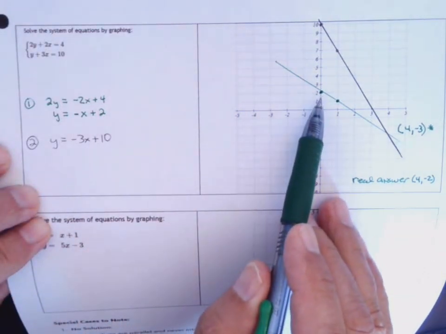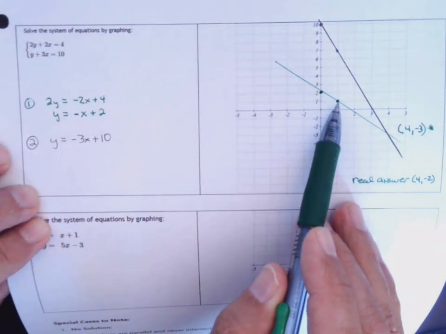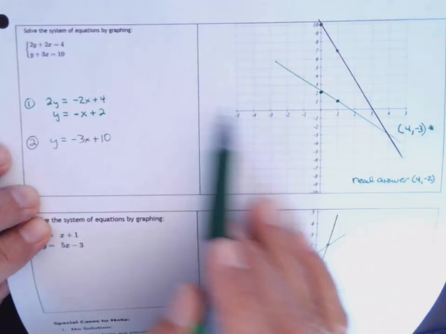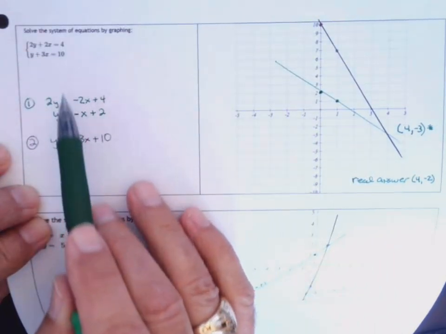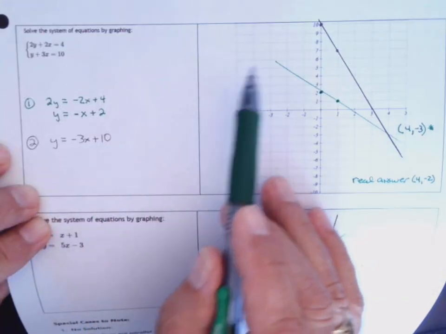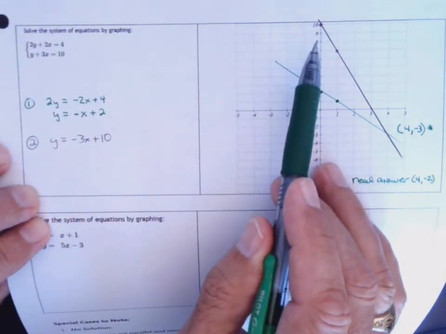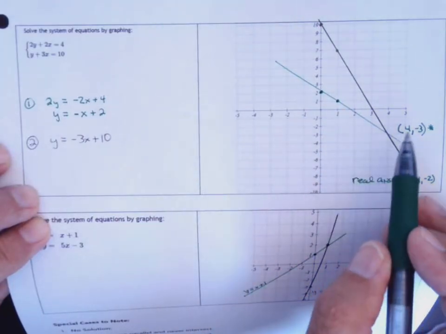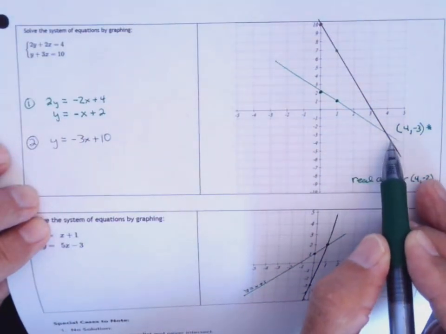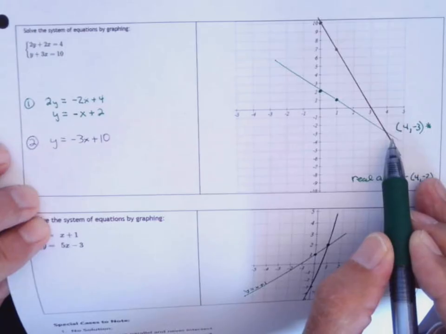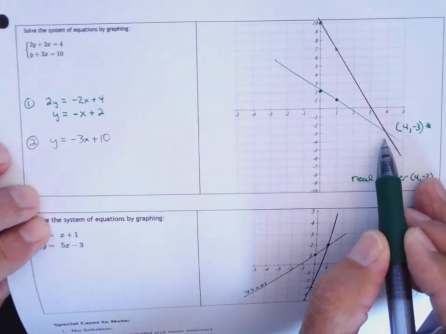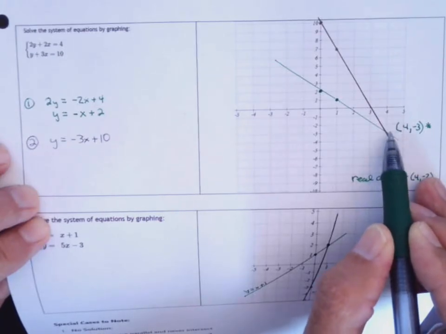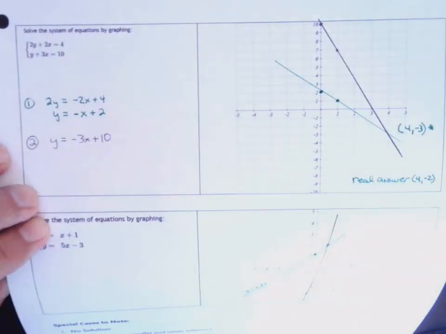So there's 2. Go down 1, right 1, draw the line. The second equation, I put it in slope-intercept form. I get a plus 10 for the y-intercept. Slope is negative 3, down 3, right 1. I drew the line. Now, I introduced a slight error in both of the graphs when doing it by hand, and it looked like this was going to intersect right here at (4, -3). So let's take a look at what happens when I check that answer.